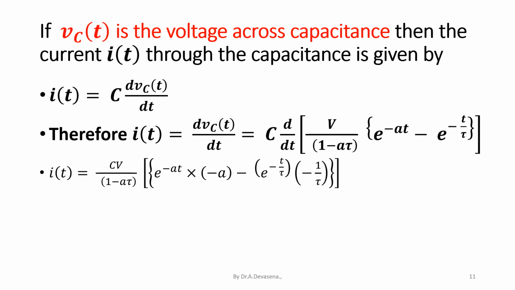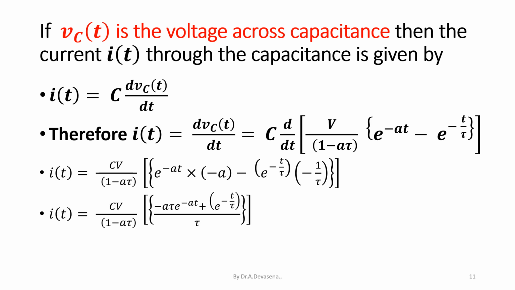That is, I of t is equal to CV divided by 1 minus A tau into, open the bracket, e power minus at into minus A minus e power minus t by tau into minus 1 by tau, close the bracket.